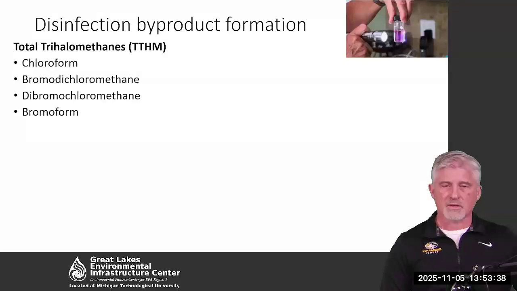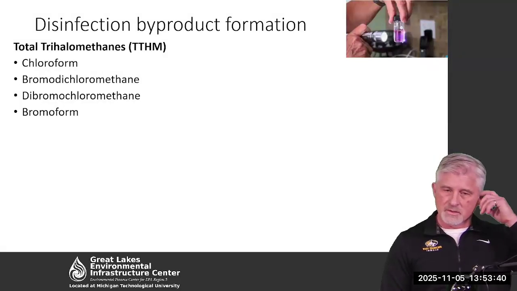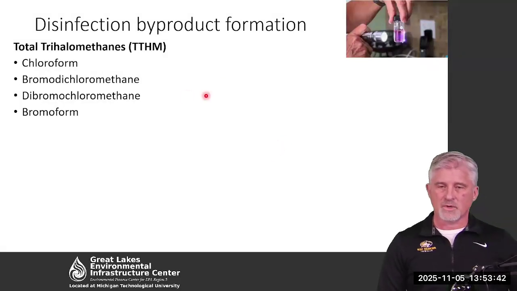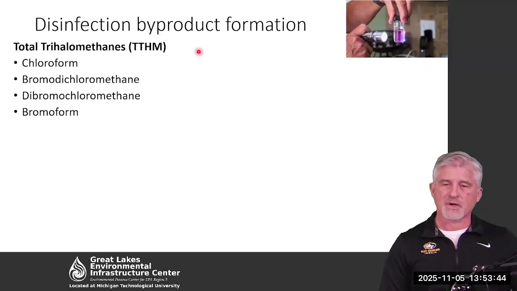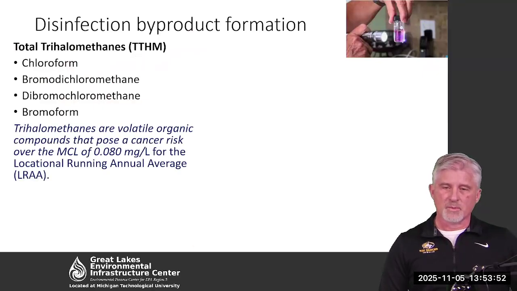All right, but what are disinfection byproducts? They're made up of 2 main compounds. There's total trihalomethane, which are these 4 different compounds. They lump them together and consider them to be total trihalomethane. And those are problematic because they can pose a cancer risk if they're at elevated levels in comparison to a locational running annual average.